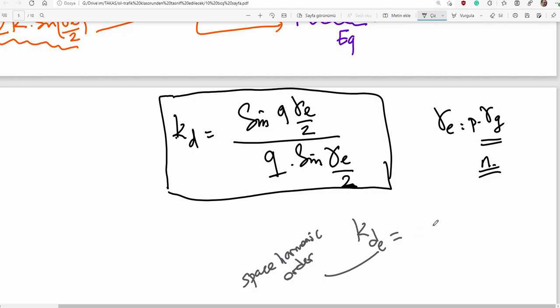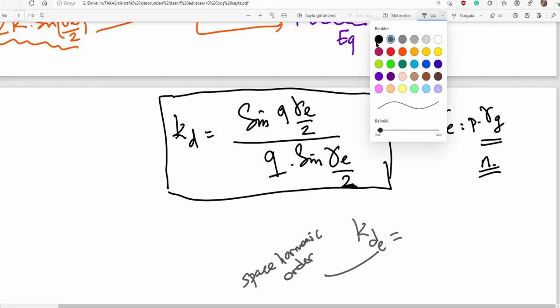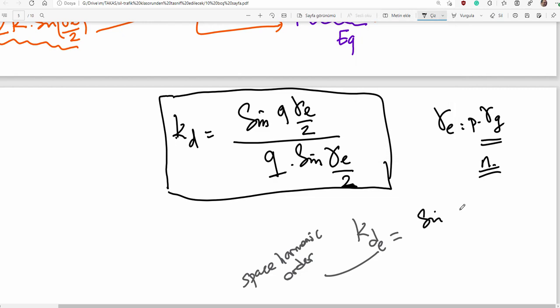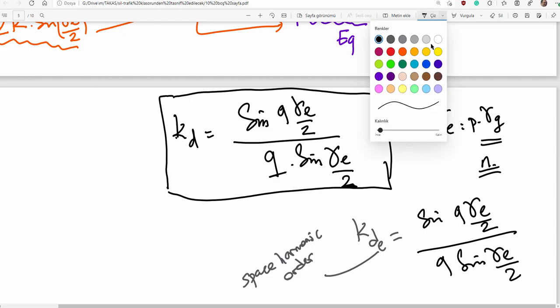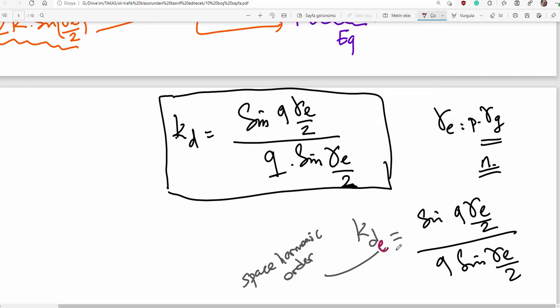So that is the equation again, sine Q gamma E over 2 over Q sine gamma E over 2, and now all the terms, angles, must be enlarged by E. That is the harmonic order.